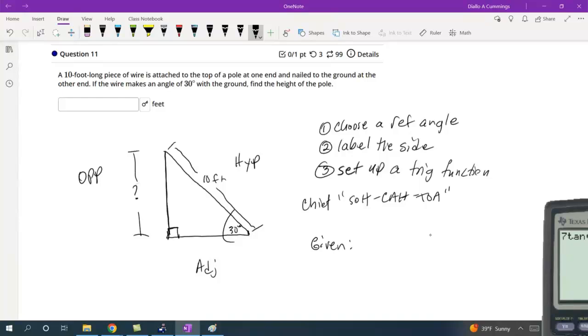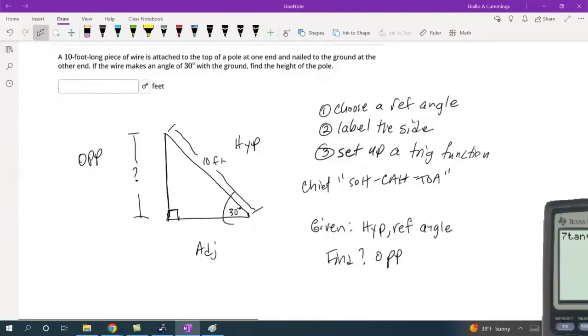Well, we're given the hypotenuse, and we're also given the reference angle. We're given a 30-degree angle. What are we trying to find? We're trying to find the side opposite. So I want a trig function that has the opposite and the hypotenuse.